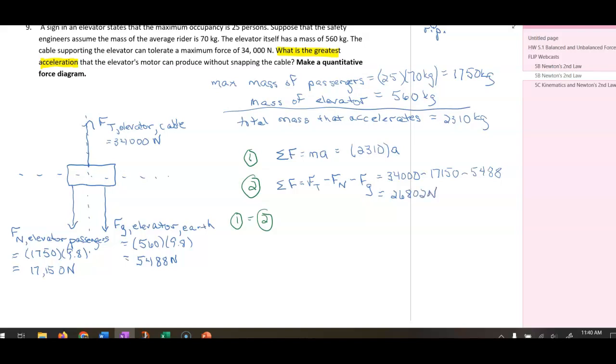Okay, now I set these two equations equal to each other. So my first equation is 2310 times acceleration. My second equation, I've already calculated that. It's 26,802. And so the acceleration, I just divide both sides by 2310.